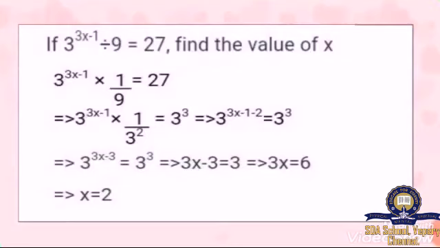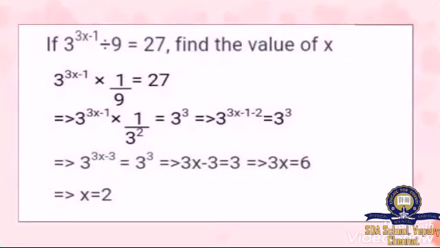So we get 3 to the power 3x minus 3 is equal to 3 to the power 3. Since on both sides the bases are equal, let us consider the powers only. So we get 3x minus 3 is equal to 3.